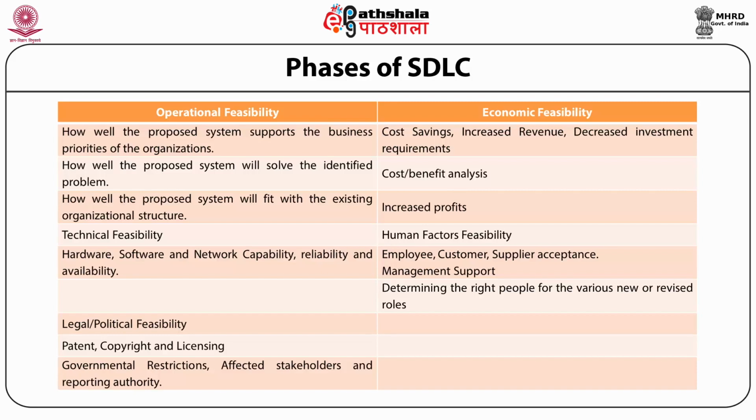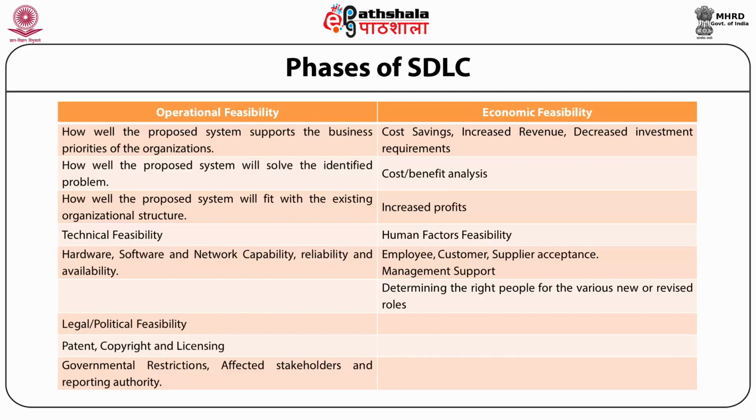It also deals with government restrictions, the stakeholders, and the reporting authorities. Economic feasibility: cost saving, increased revenue, decreased investment requirements, cost benefit analysis, and increased profits are among the few parameters that deal with this.